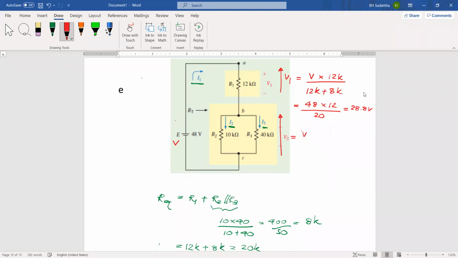V2 equals V times 8K over 12K plus 8K. V is 48 volts into 8, divided by 20. It's 19.2 volts.